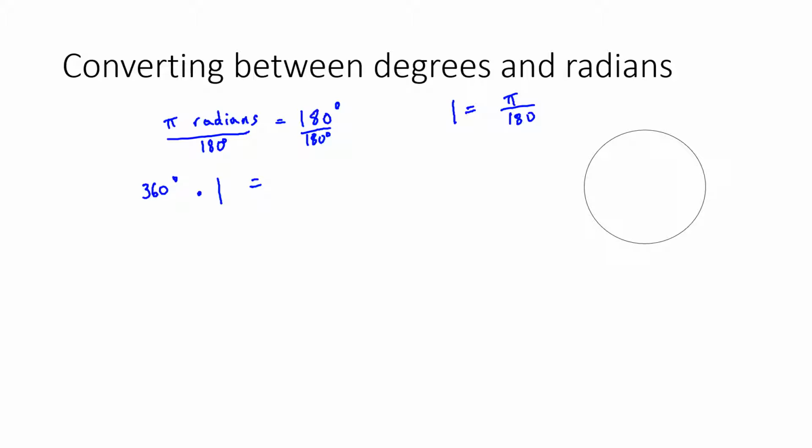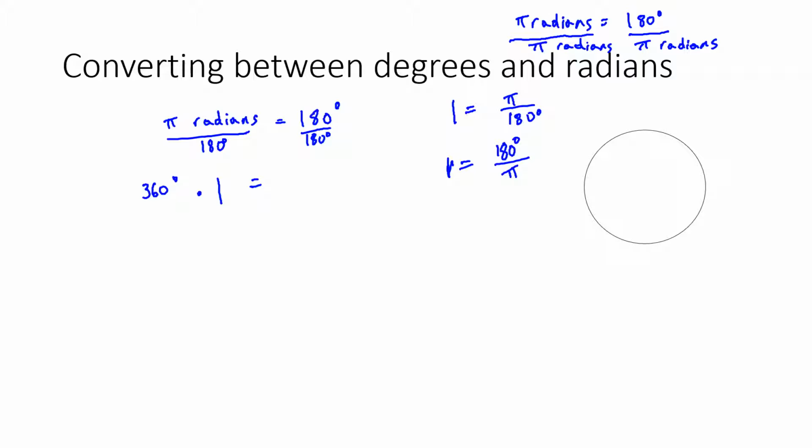Or if we did the division the other way, we start with pi radians equal 180 degrees. And let's say that we divided both sides by pi radians. Then that 1 can also be represented as 180 degrees over pi radians.